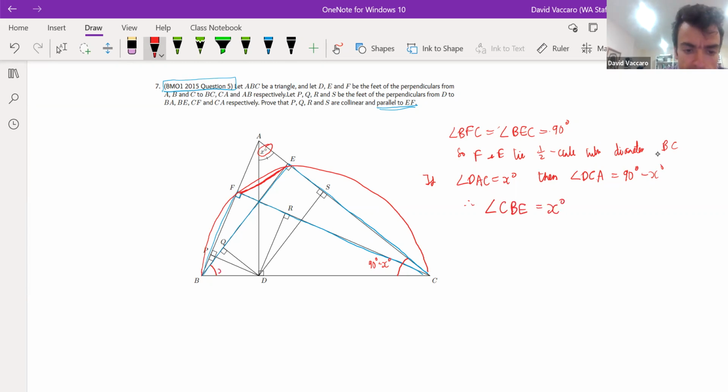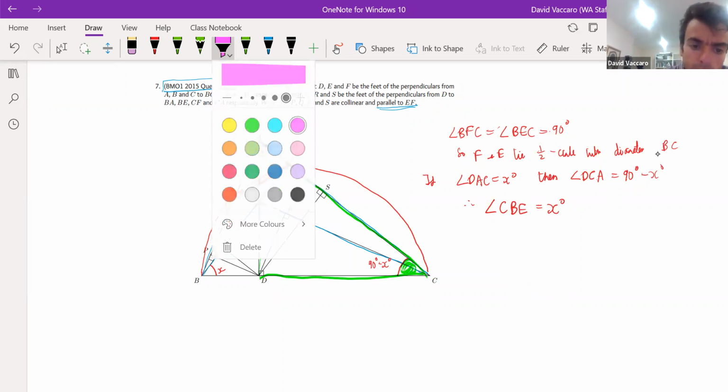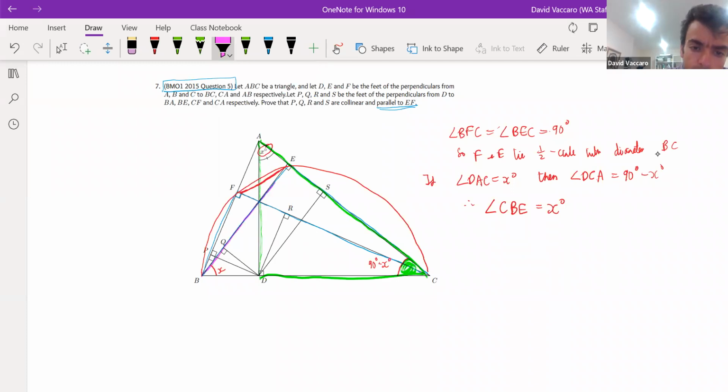So this angle is X. I've looked at this right-angled triangle to find this angle, and then I've looked at this right-angled triangle to find this angle.